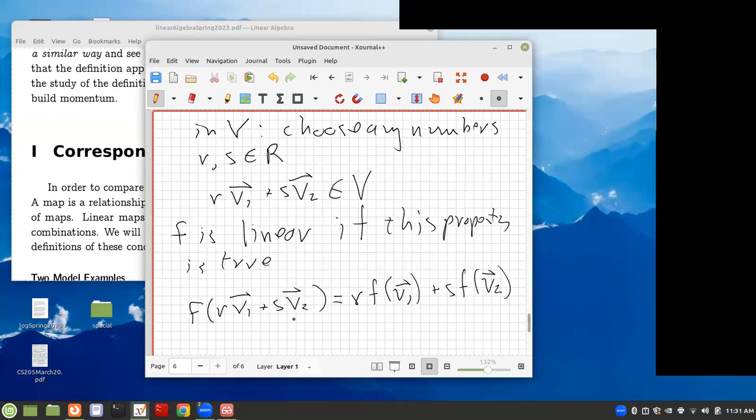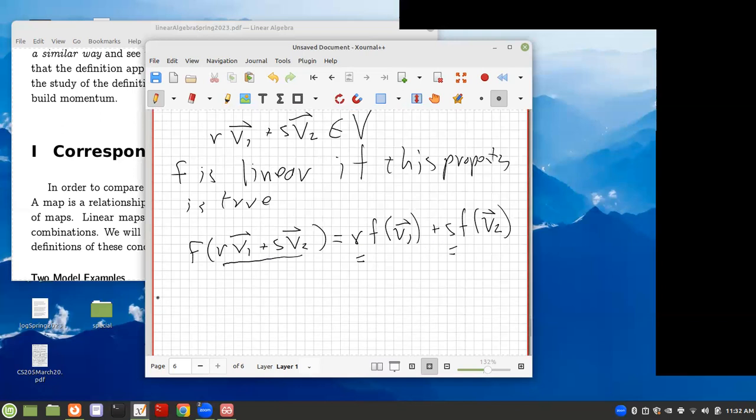So this is saying the image of a linear combination is the same linear combination, that is the same R and S, of the images of V1 and V2.